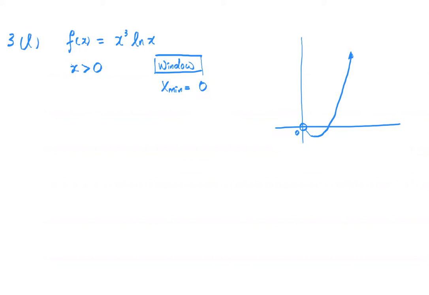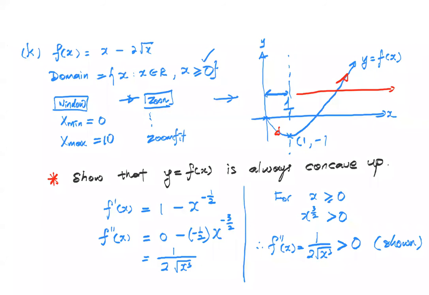So when you sketch a graph, at the 0 you must put a circle to tell the examiner that in this graph, 0 is not part of the domain. Like for example, this graph, you see, I didn't put a circle. If you put a circle, that means x cannot take that point.